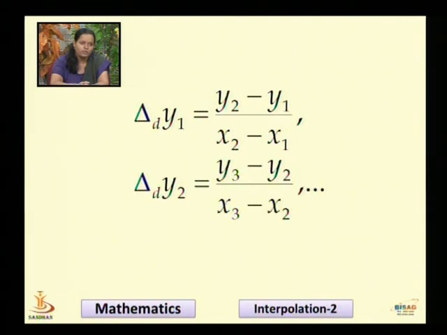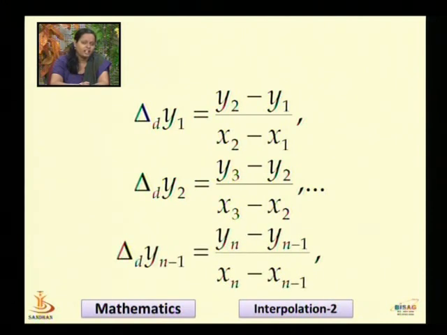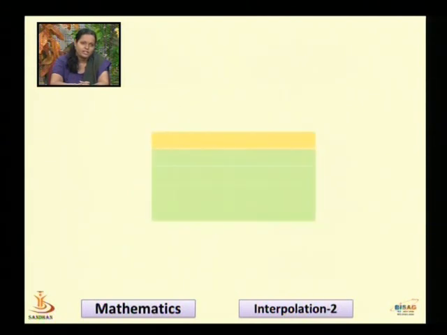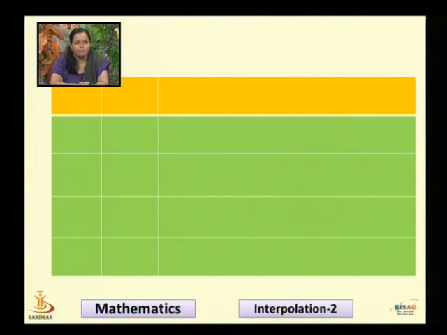Delta D y2 is equal to y3 minus y2 divided by x3 minus x2, so on and so forth. Delta D at the n minus 1th point, yn minus 1, is yn minus yn minus 1 divided by xn minus xn minus 1. Let us see this in tabular form.